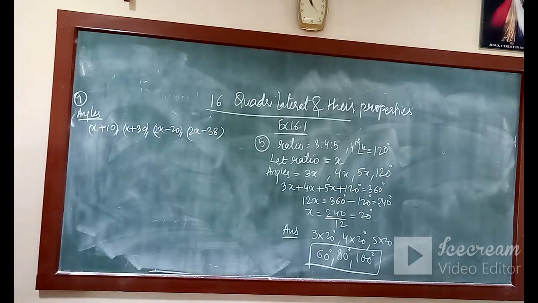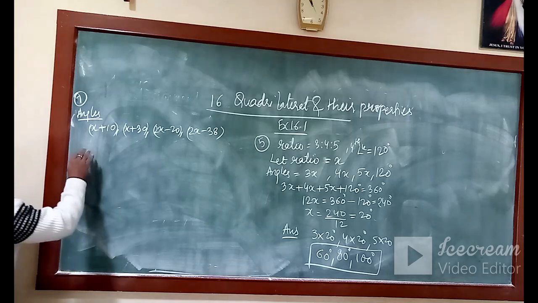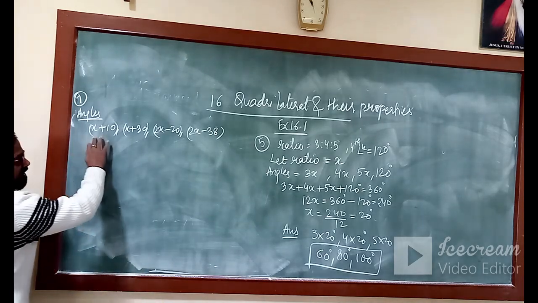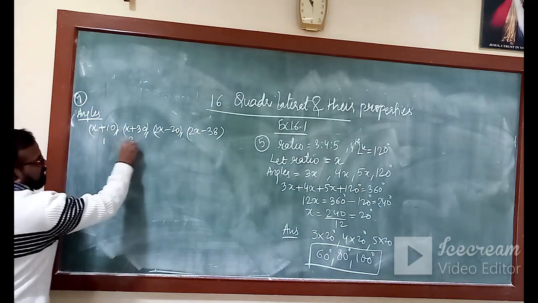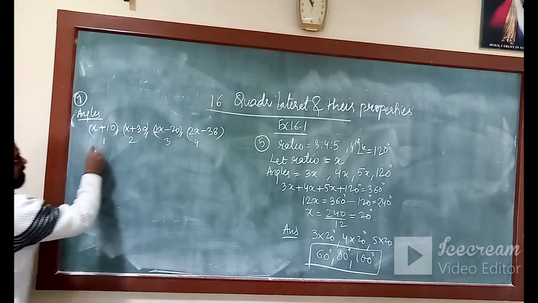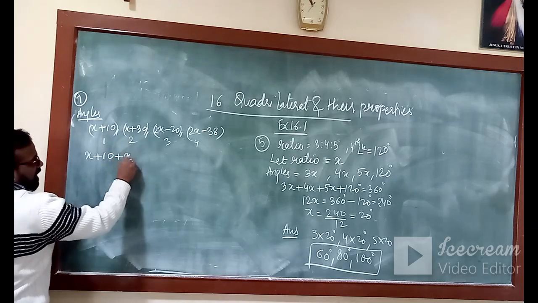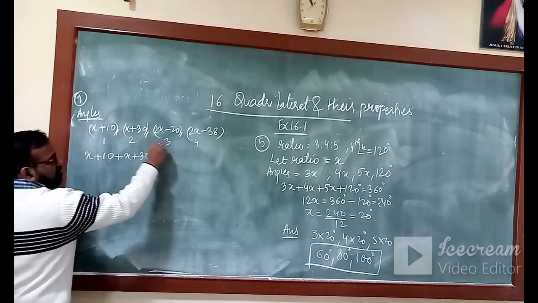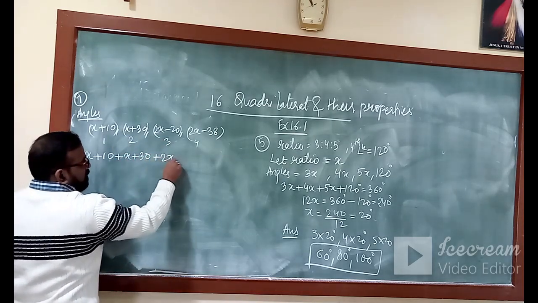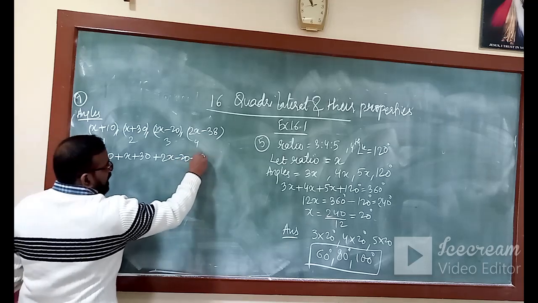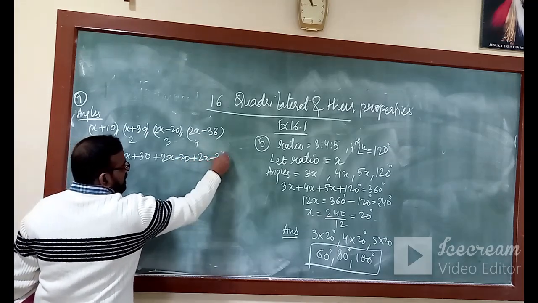We have to find the value of the angles. So we will not do anything, we will simply use these angles. So we will write it like this: x plus 10 is one angle, x plus 30 another one, then 2x minus 20 is the third, and 2x minus 38 is the fourth.